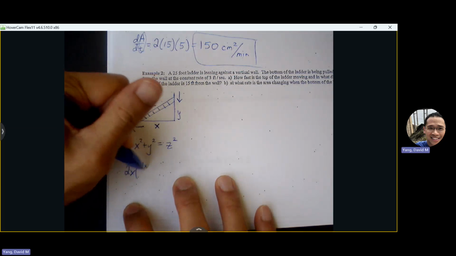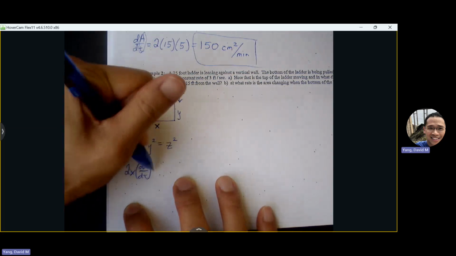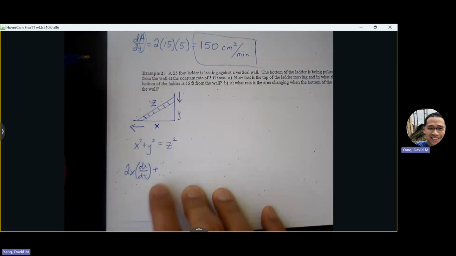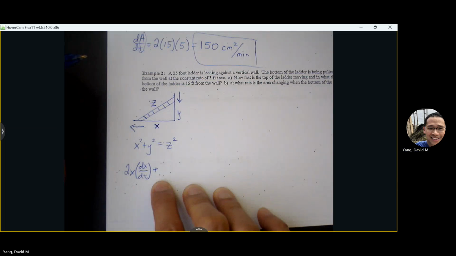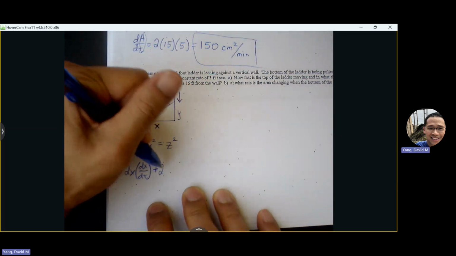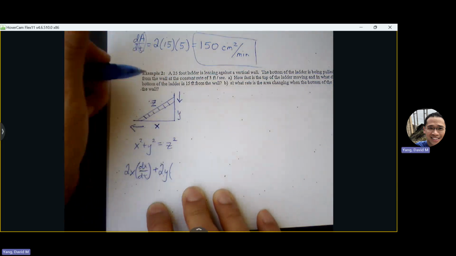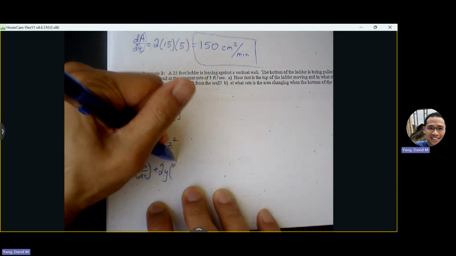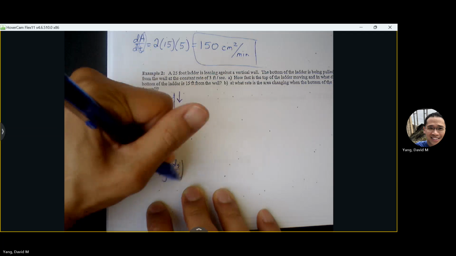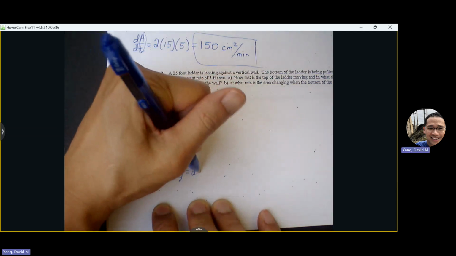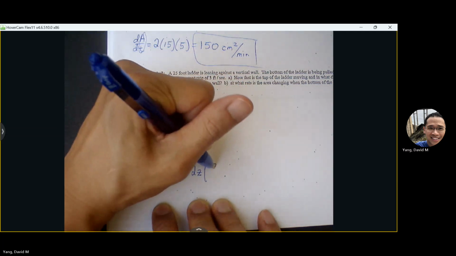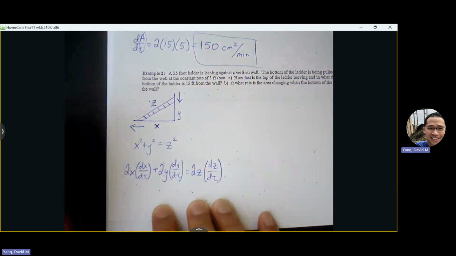Yeah, dx over dt. Every variable is going to get the time treatment. Plus y squared becomes 2y times dy over dt. And then equals 2z dz over dt.